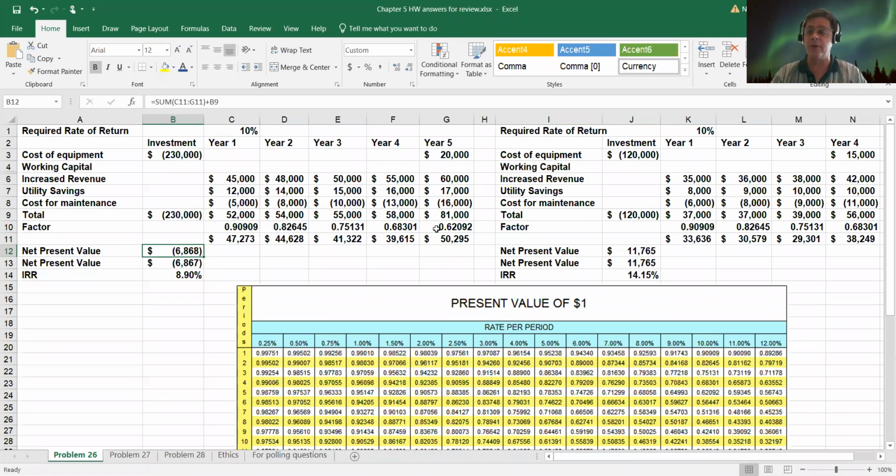I've done both of them here. And I'm looking over at your 27, and yes, over there, changing the required rate of return will make a difference, just like what I'm showing, because you're using this net present value formula.